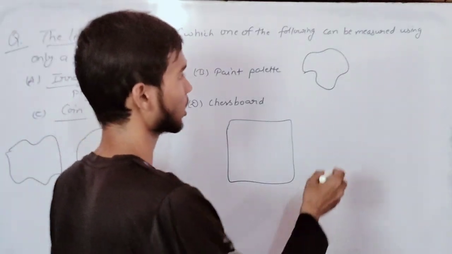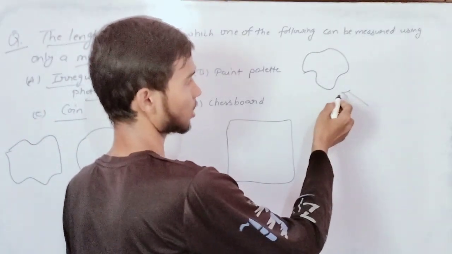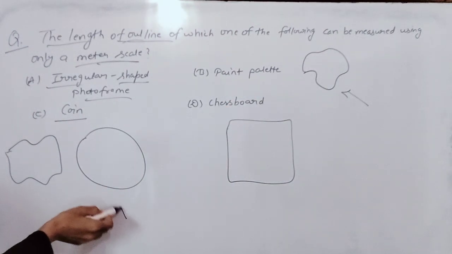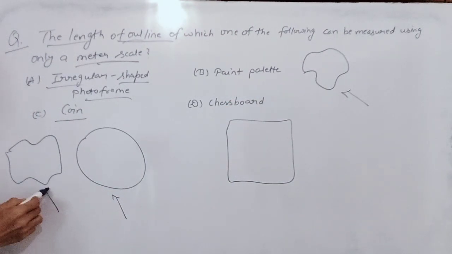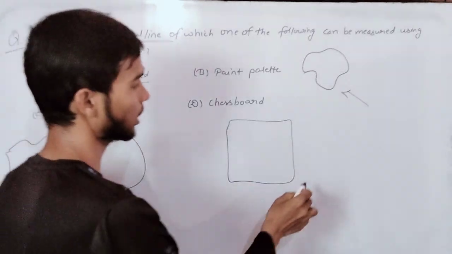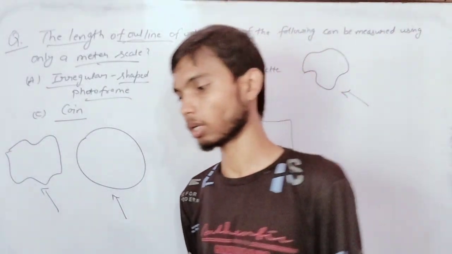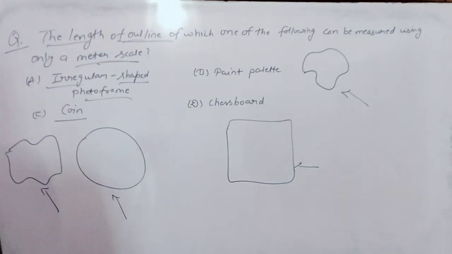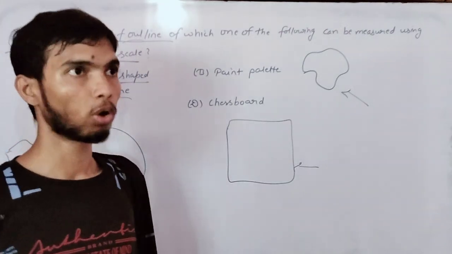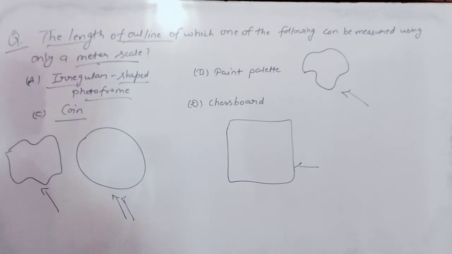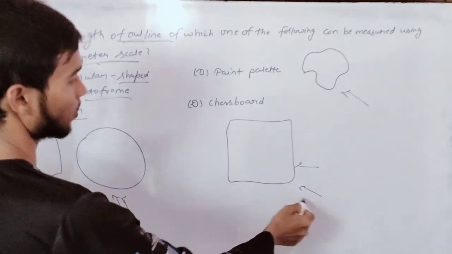By using a scale, this cannot be measured. This also cannot be measured. This also cannot be measured. This can be measured by using a scale. You have only a scale, and by that scale, which object can you measure? Of course, by taking a scale, you cannot measure this and this. You can only measure this.